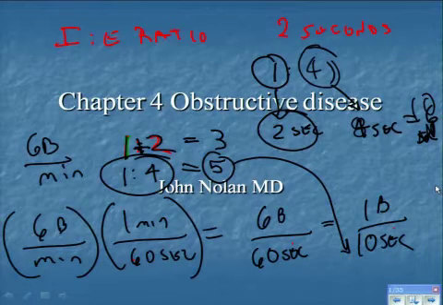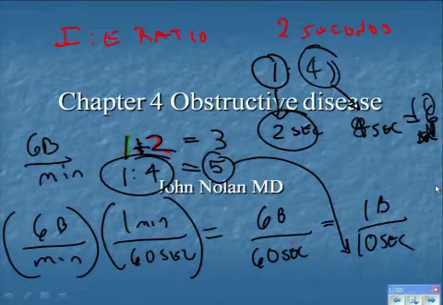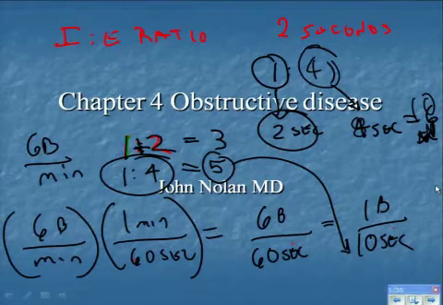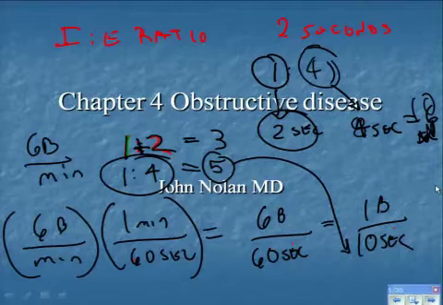If you hyperinflate the lung, what happens to perfusion to those areas? It goes down. So the most common cause of hypotension on induction is not the meds. It's the actual hyperventilation that we do.